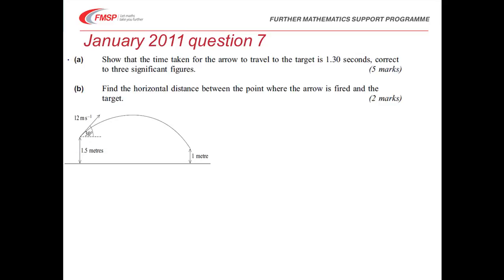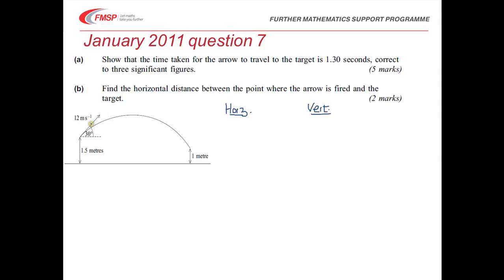It says, show that the time taken for the arrow to travel to the target is 1.30 seconds, correct to 3 significant figures. So remember, when you're doing these questions on projectiles, you have horizontal motion and you have vertical motion, and we need to consider these things very carefully.